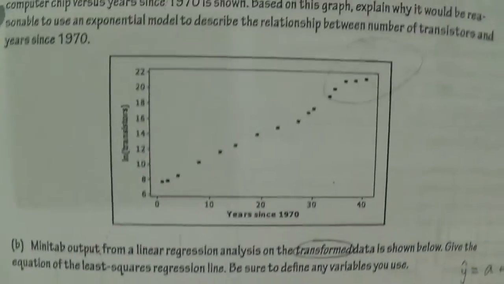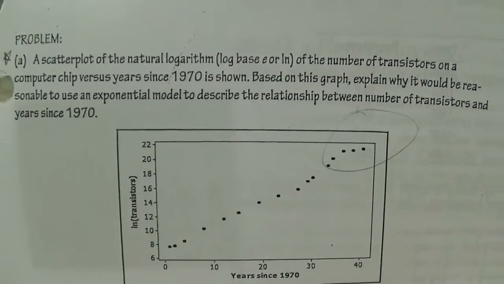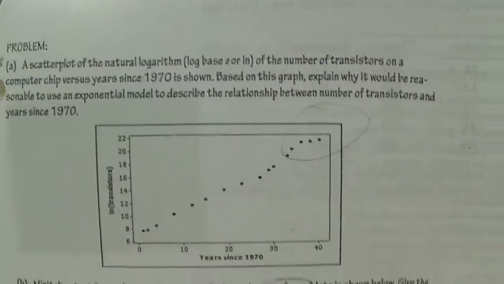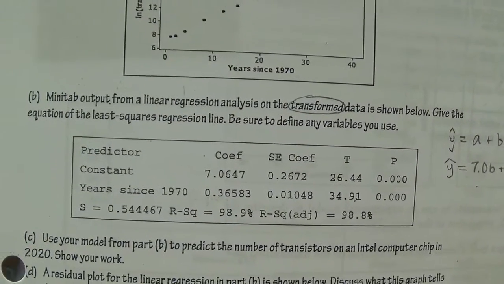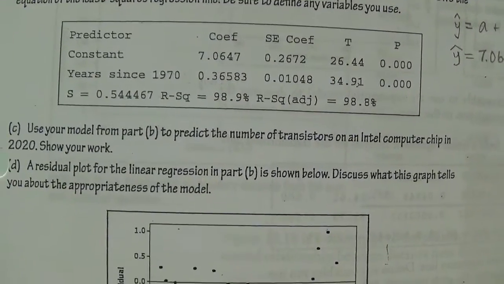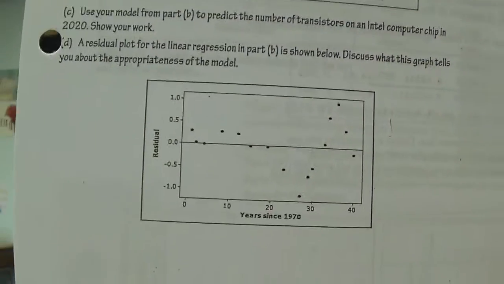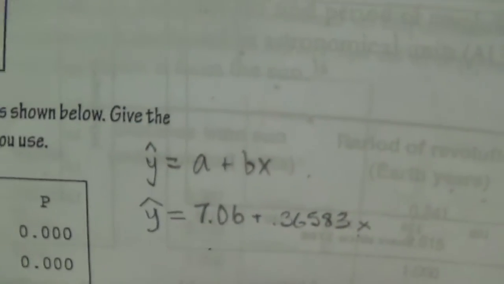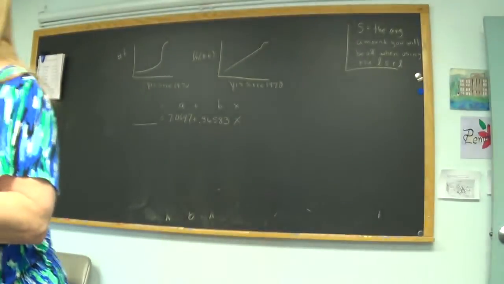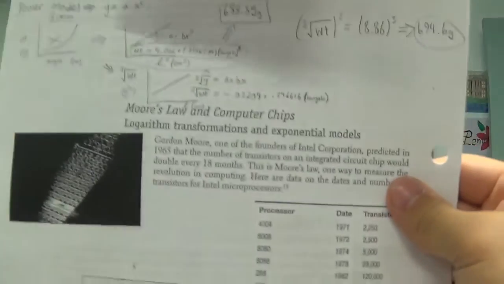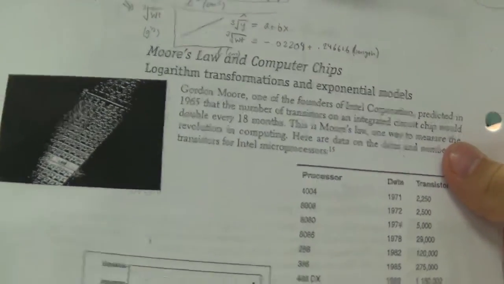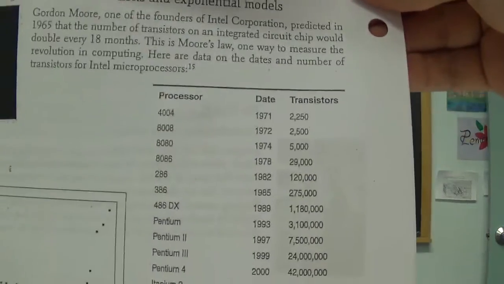7.064, you see where these numbers are coming from? And wait, this is a plus. It's A plus Bx. Why isn't it the one across from it? Because that's what we've been doing, but that's the standard error.